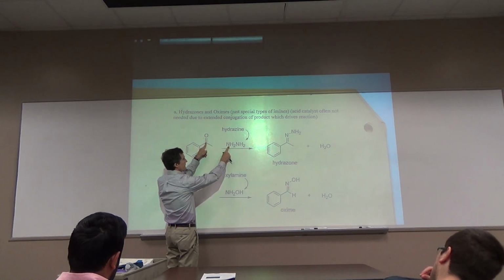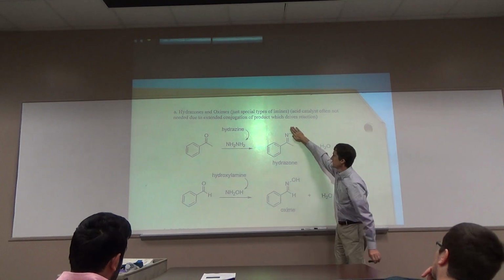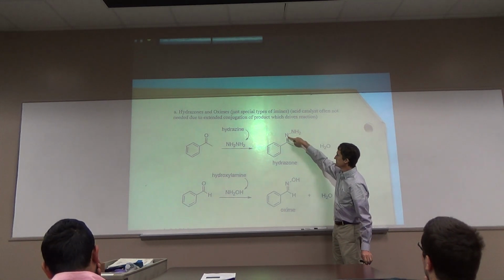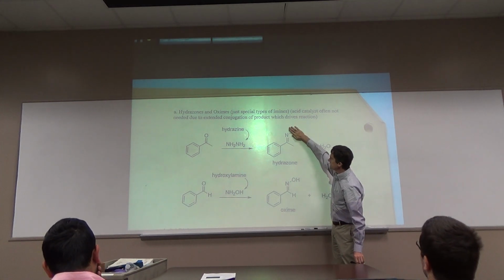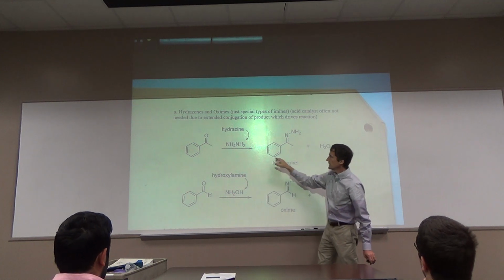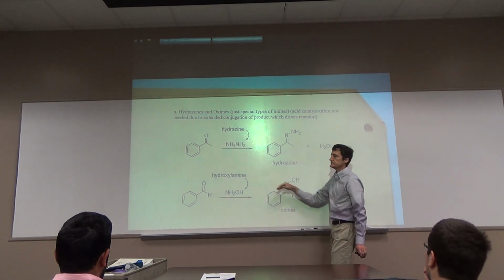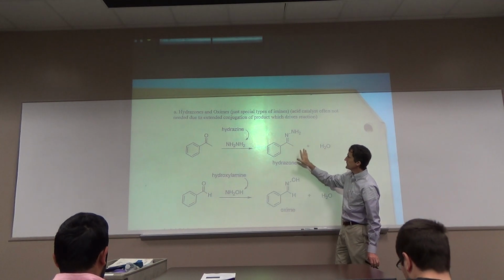Aldehyde or ketone, primary amine, imine. Just ignore the other NH2, but it's there. So it's an imine that has a nitrogen bonded to the other nitrogen. That's called a hydrazone because it comes from reacting a hydrazine with a ketone or an aldehyde. It's a special type of imine.